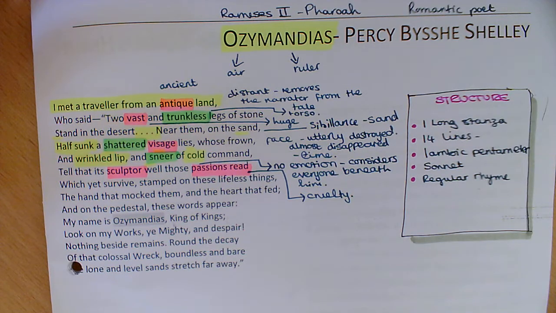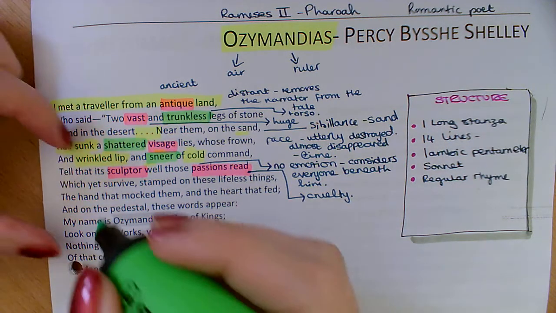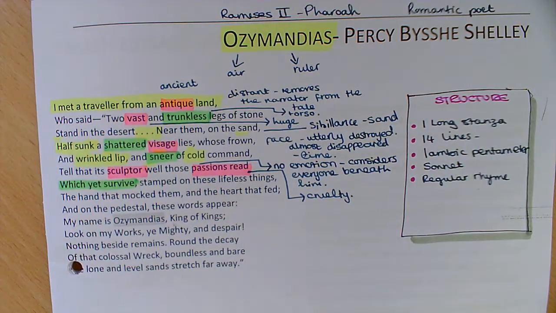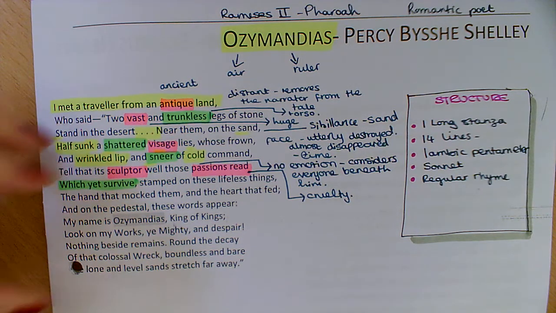Tell that its sculptor well those passions read which yet survive, stamped on these lifeless things. So, although there's not much of the statue left, what is left is this horrible, negative face. Okay? And that idea that now he's no longer alive, the only thing that remains of him is this negative view.